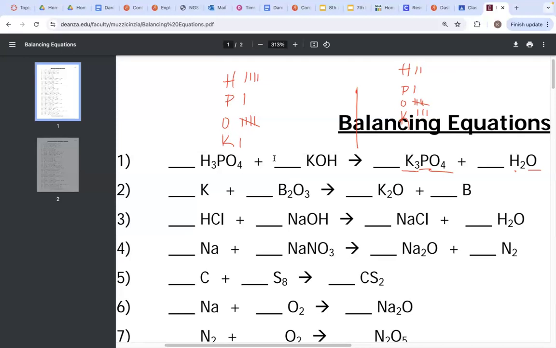So I have 5 O's and 1 P. Those are balanced. I have a feeling that as I alter my other stuff, though, they're going to get unbalanced.